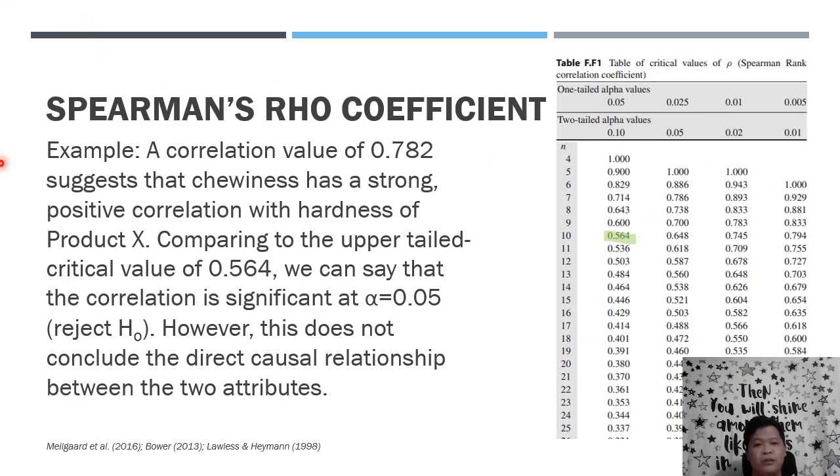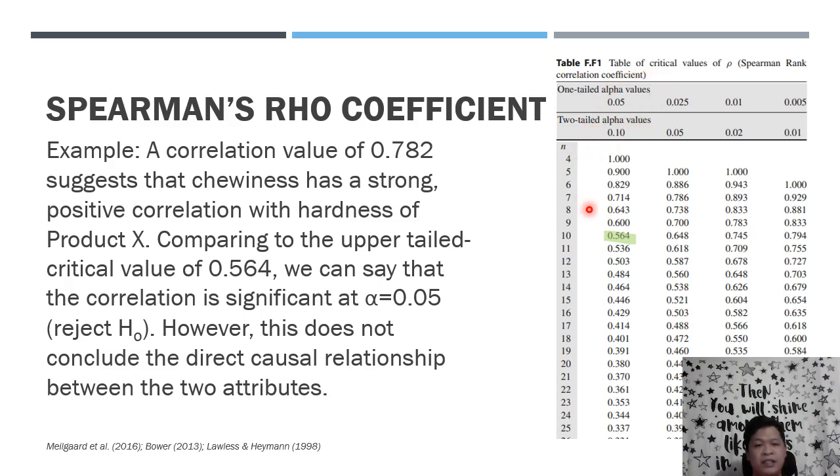Although the value itself, which is between 0 and 1, could give us a good idea about how strong the relationship is, we could still use this table to check for the critical values or the significant difference at certain alpha levels, whether it's one-tailed or two-tailed.